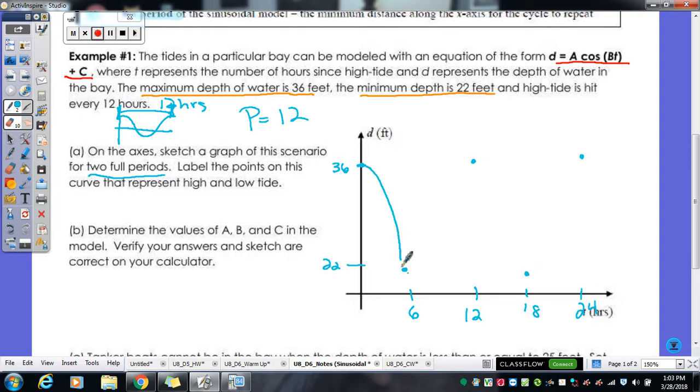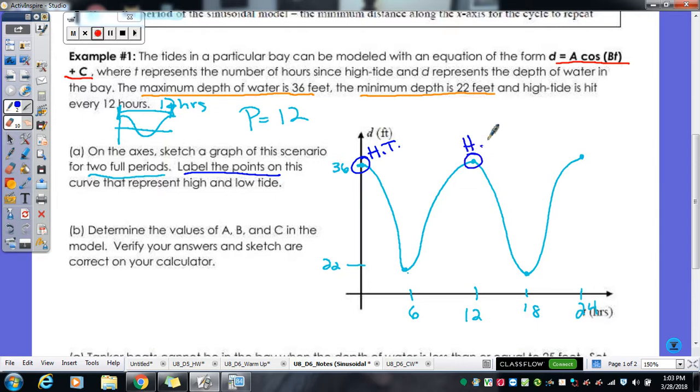So then we can sketch our picture. It's going to go down and up, down and up. Creates like a little W there. They also told us to label the points on this curve that represent high tide and low tide. So I'm going to label my high tides as HT, so there's an HT there.